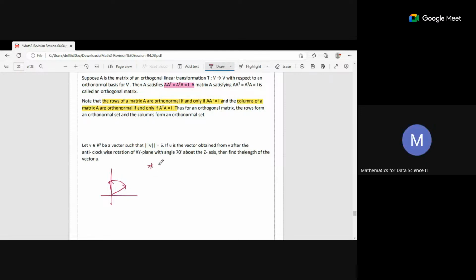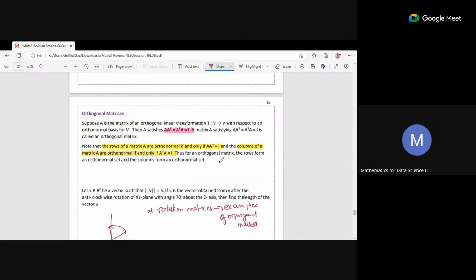Okay. So remember, rotation matrices are examples of orthogonal matrices. And here what they are saying is that if you are doing this anti-clockwise rotation, you are actually multiplying a rotation matrix with V. So here rotation matrices, you know that they are orthogonal.